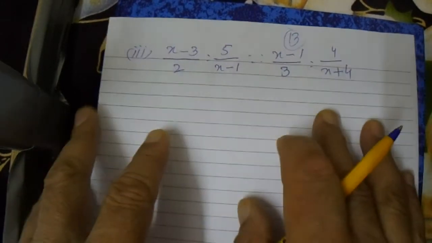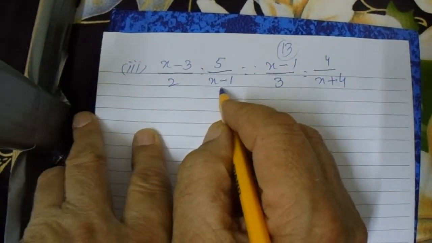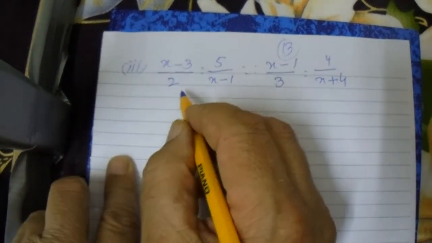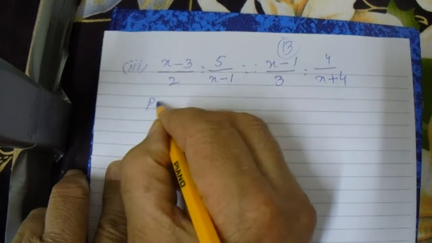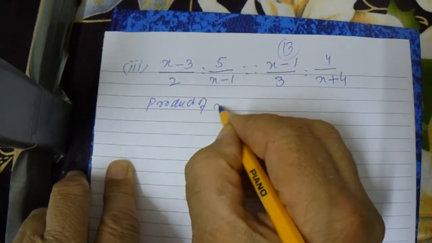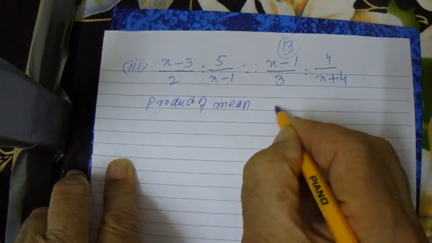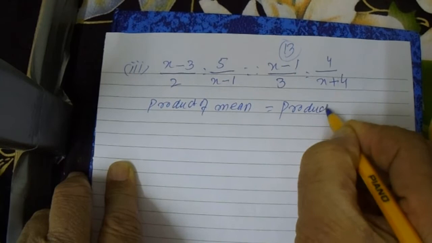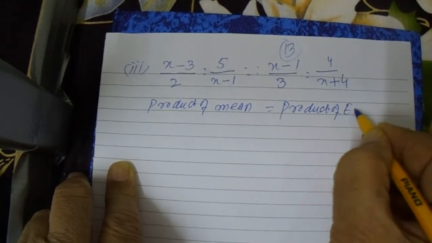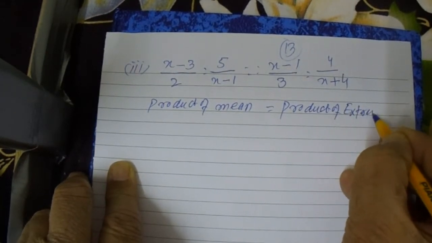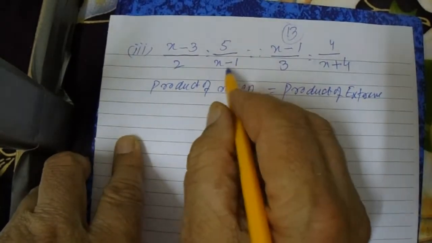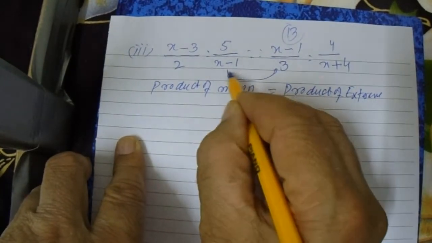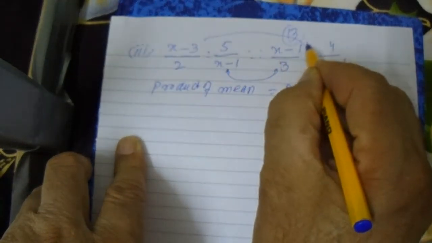The product of means is equal to the product of extremes. This is our mean and this is our extreme.